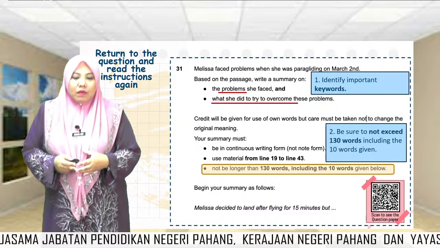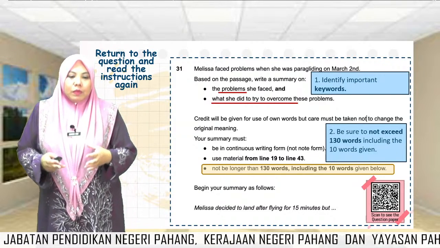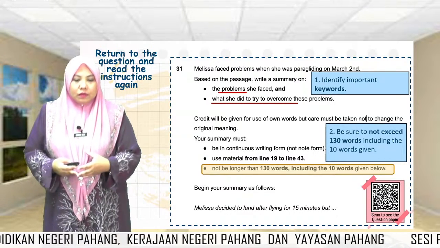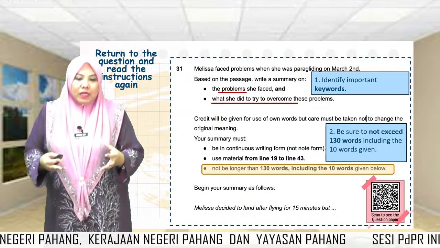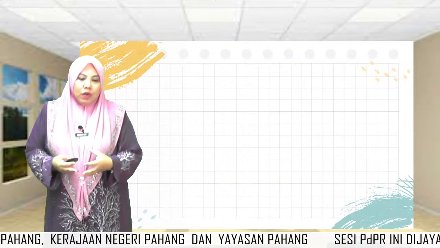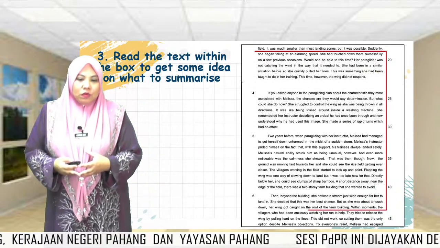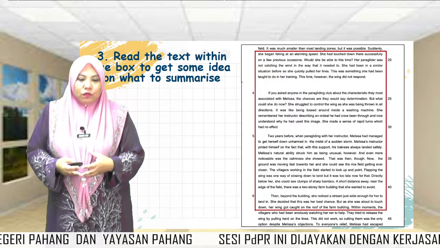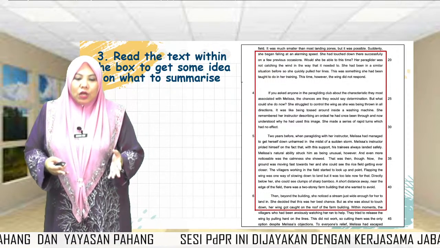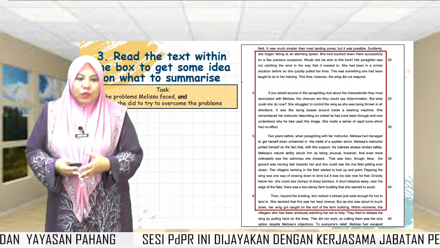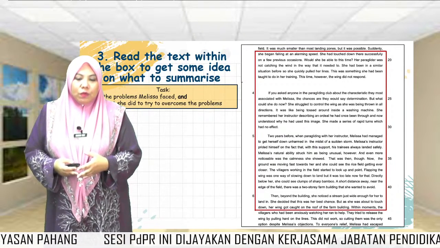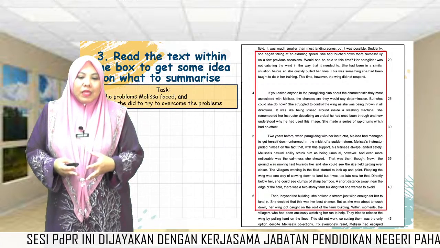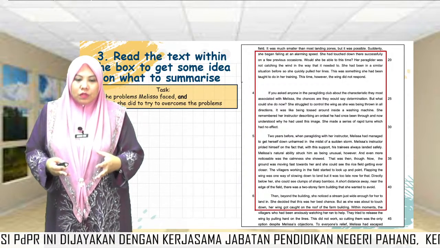Credit will be given for use of own words, but care must be taken not to change the original meaning. Your summary must be in continuous writing form, not in note form. Use material from line 19 to 43, not longer than 130 words, including the 10 words given below. Begin your summary as follows.